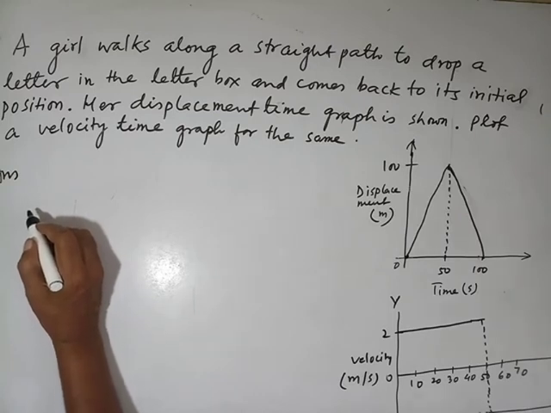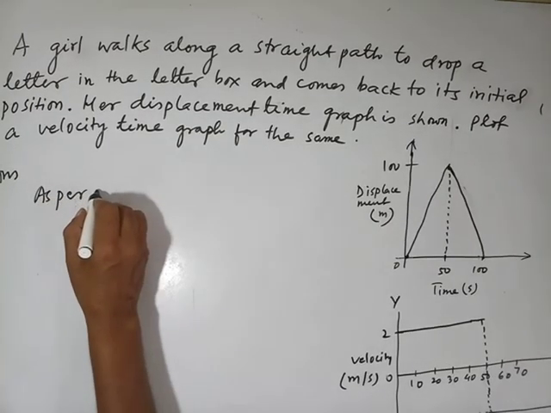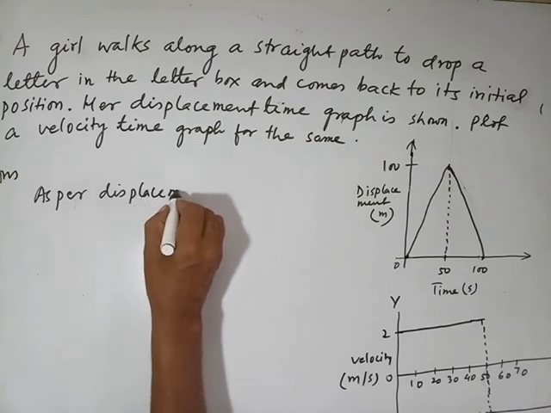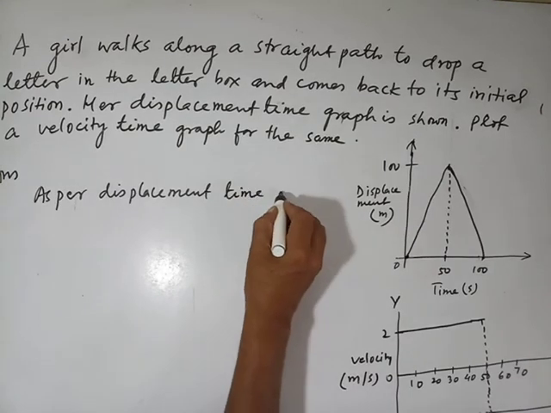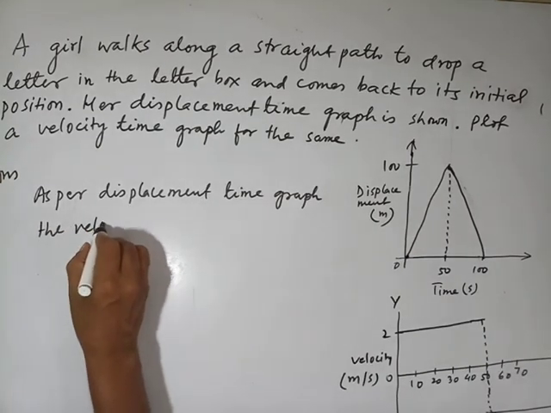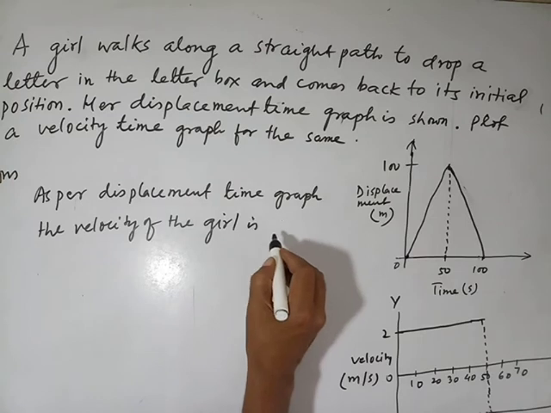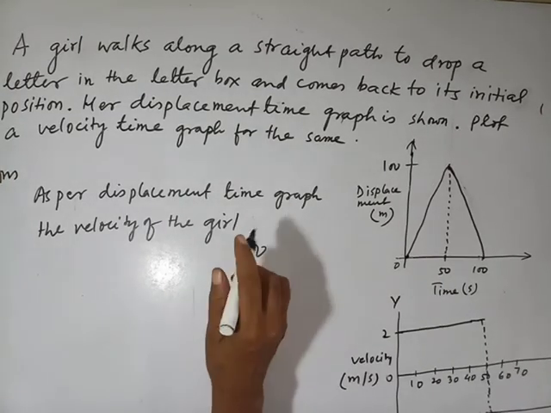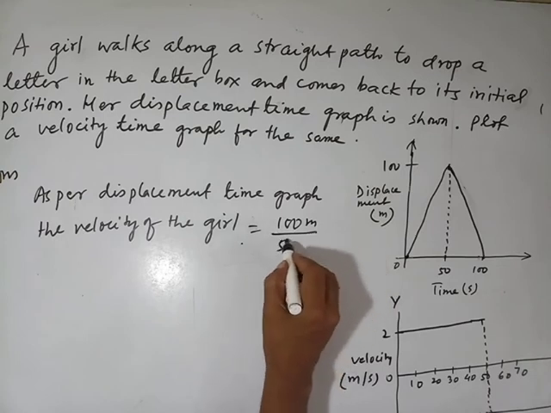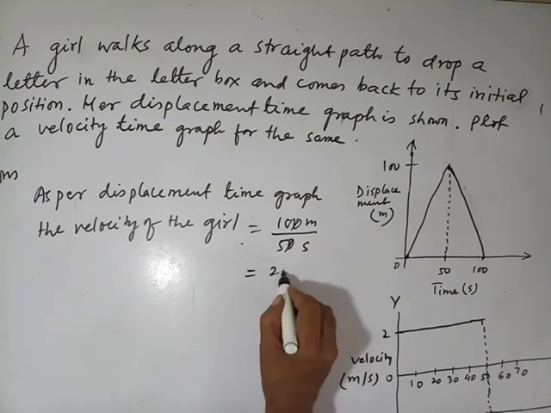As per the displacement time graph, the velocity of the girl is equal to 100 meters by 50 seconds, which comes to 2 meters per second.